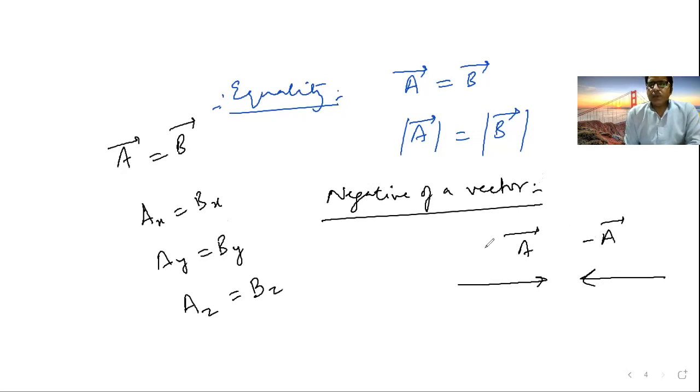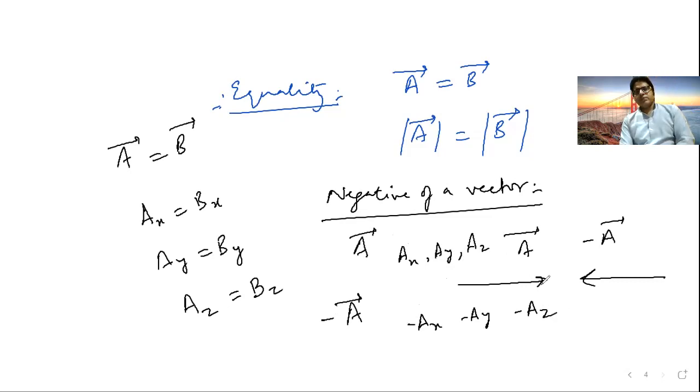Now in terms of components, if vector A has components AX, AY, AZ, then the negative of the vector has negative times all the components. That means it will have minus AX, minus AY, minus AZ, right? This is the meaning of the negative of a vector.